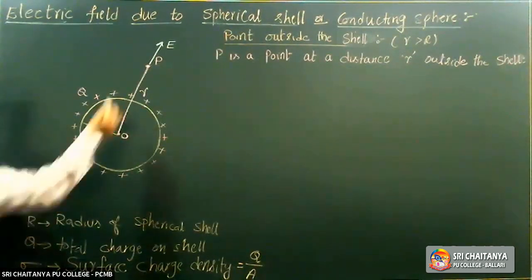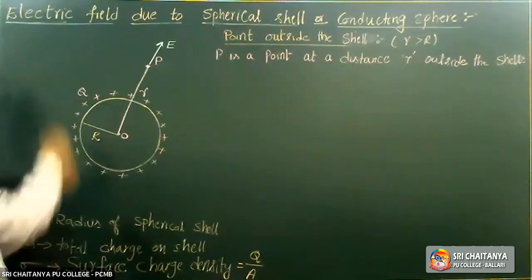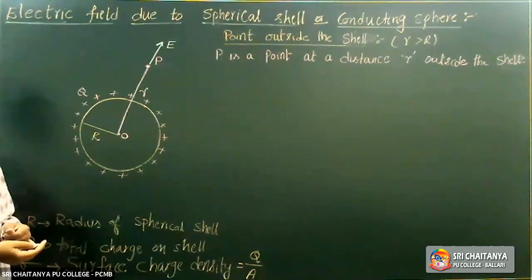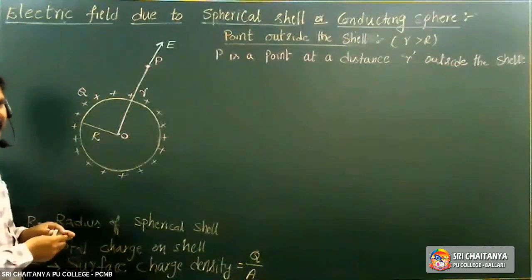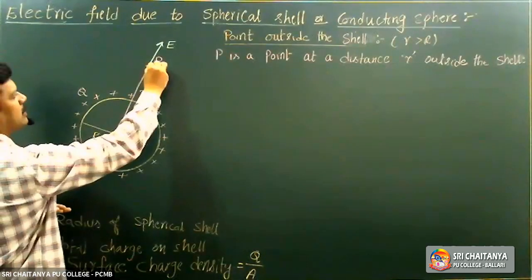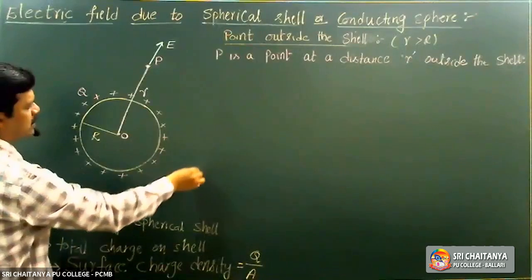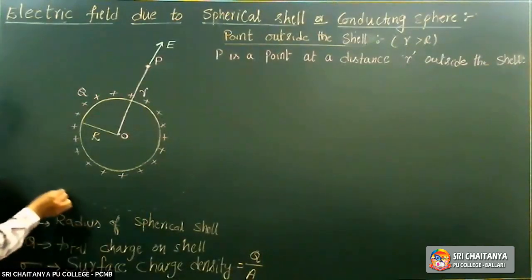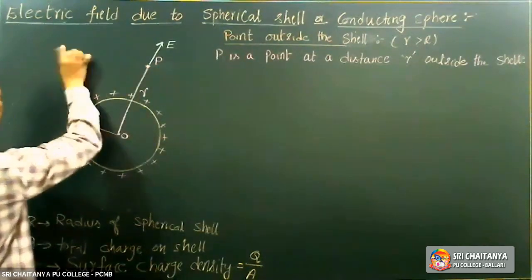Second, draw a closed Gaussian surface surrounding that shell. If I take a closed Gaussian surface which is passing through this point, that Gaussian surface comes like a sphere.